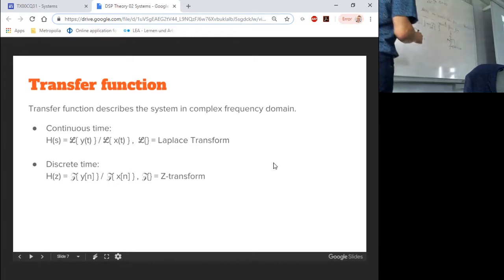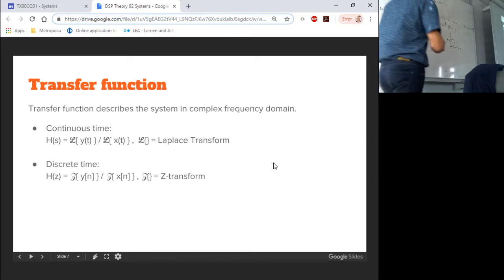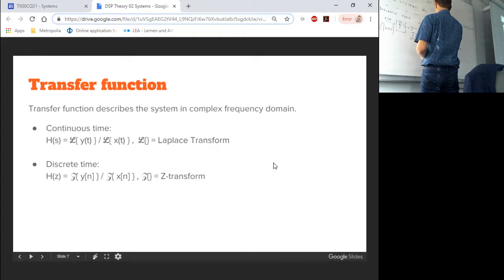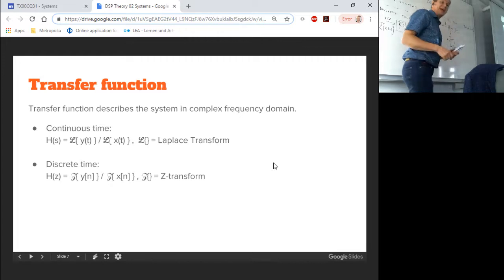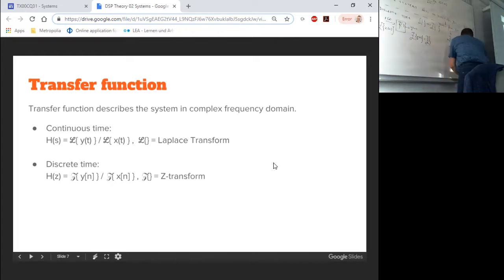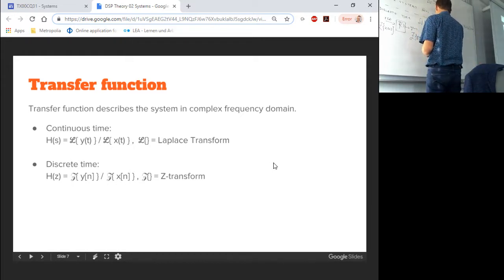And for systems which are linear and time invariant, it just appears that we have h of z, which is the system transfer function, times the Z transform of x of n.